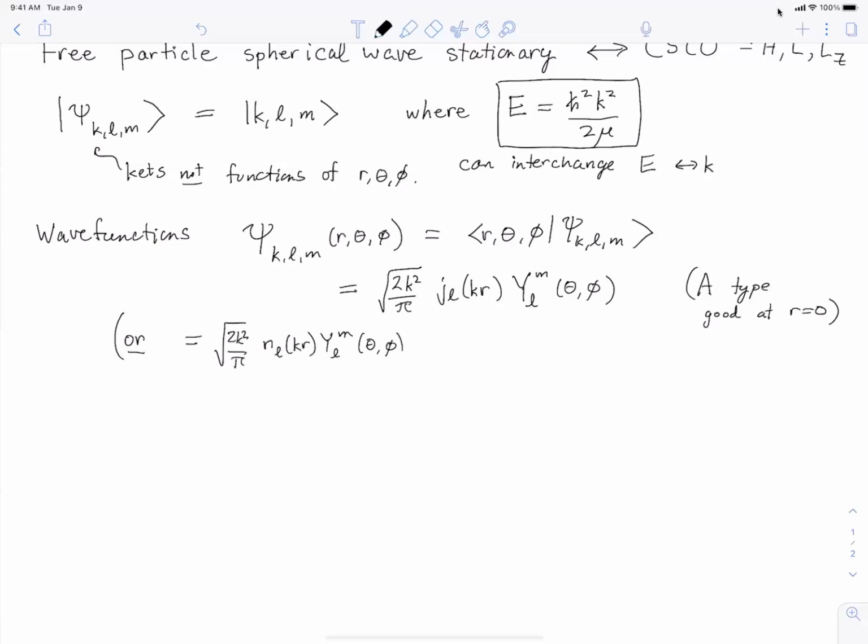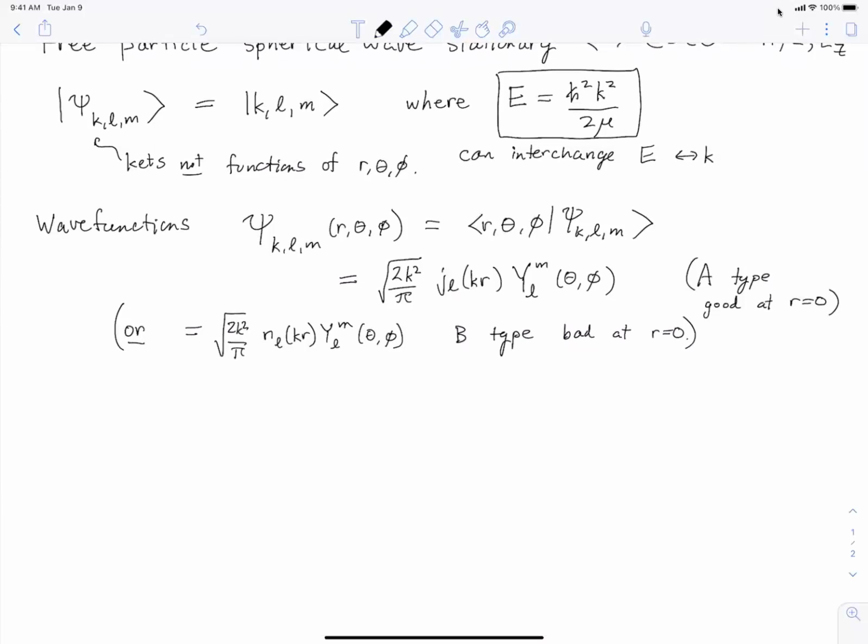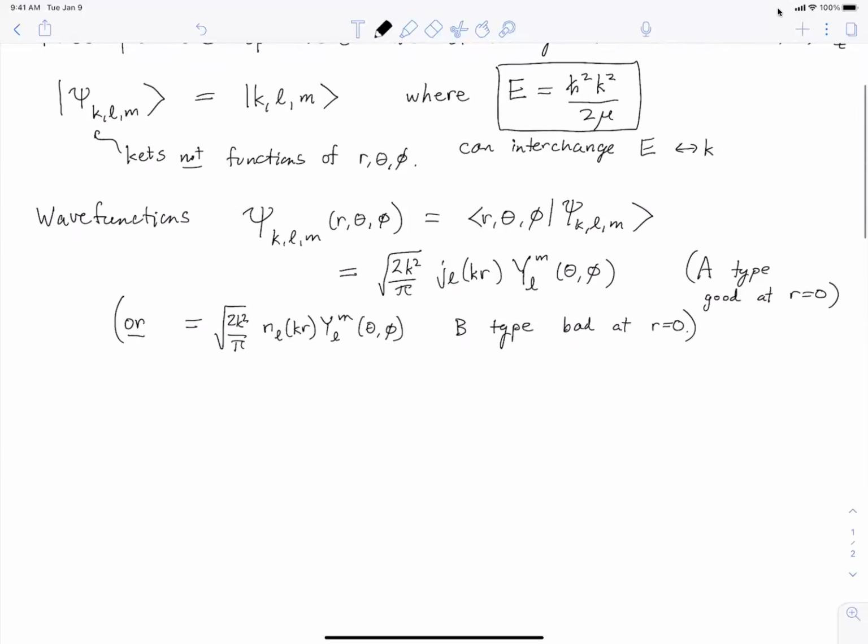And that's what you might want to use. These were what we called the B-type solutions that are bad at r equals 0, but might be good elsewhere. So later on, we'll talk about when you would want to use those B-type solutions. But for right now, if we're trying to describe a free particle moving throughout all of space, then we wouldn't want those. We would only want the A-type ones.